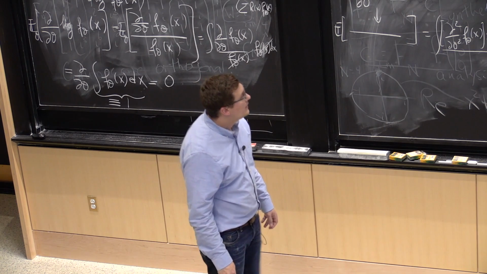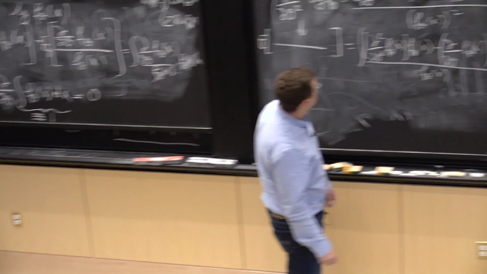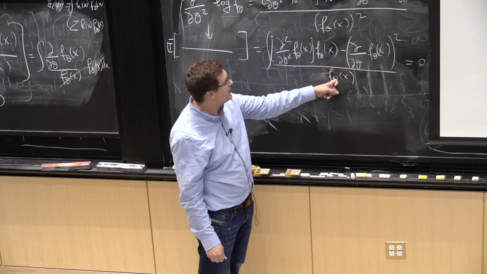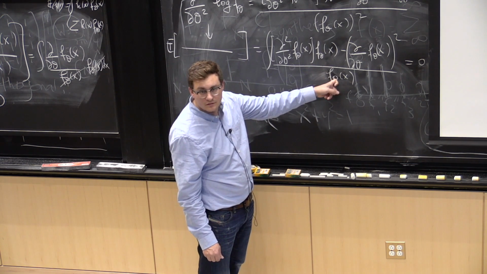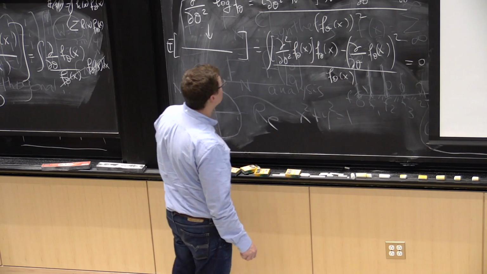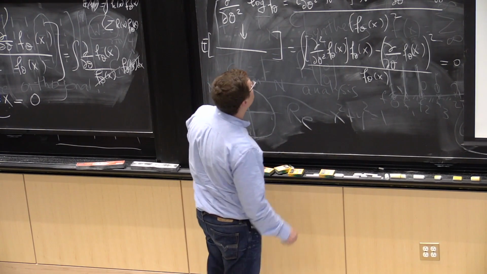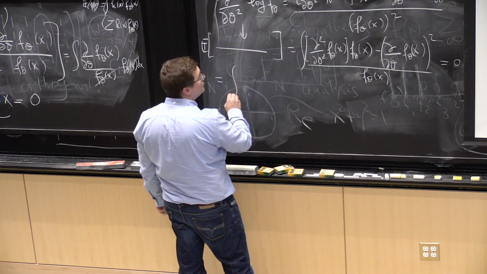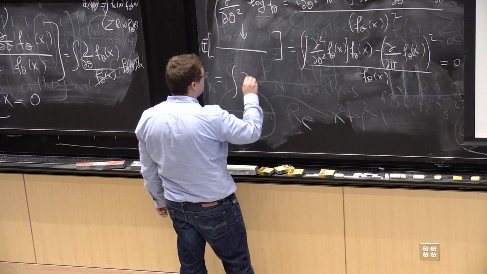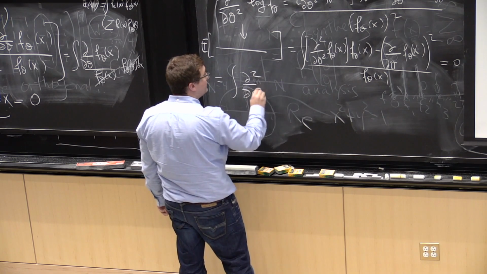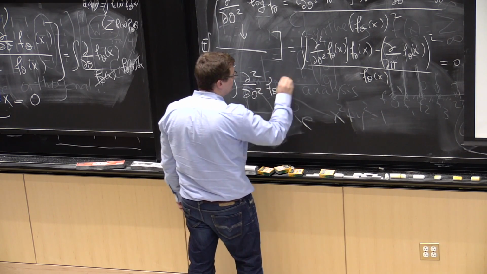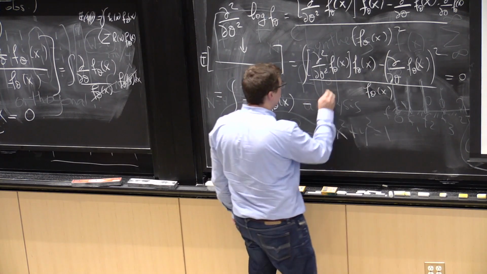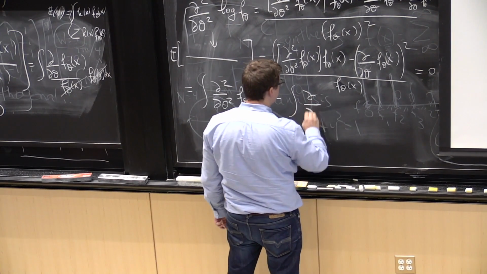OK? Now, this guy here is going to cancel. So this is equal to the integral of the second derivative of f theta of x, because those two cancel, minus the integral of the second derivative.